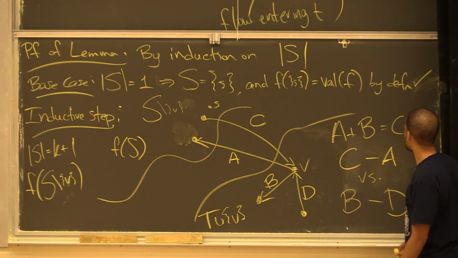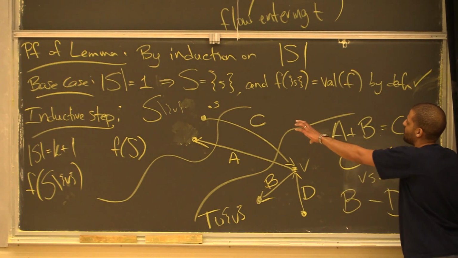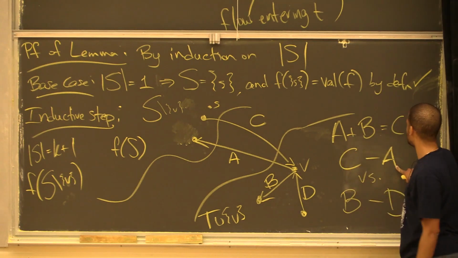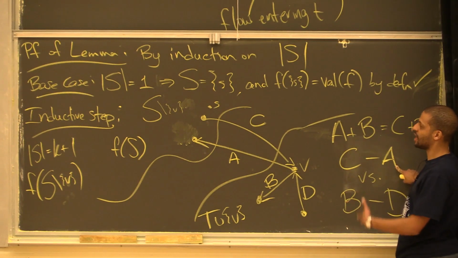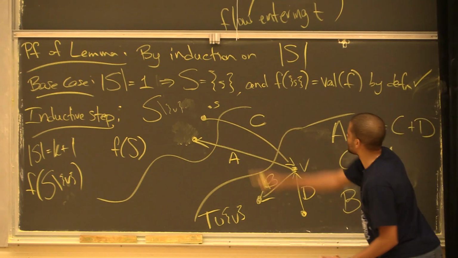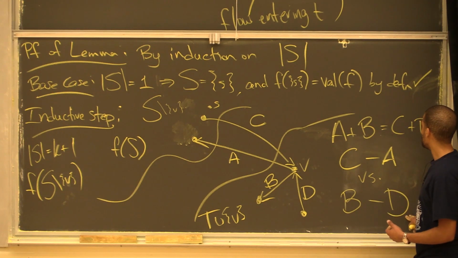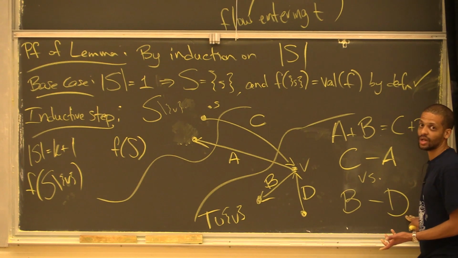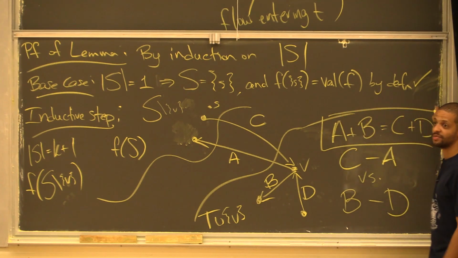Right? So what we just said is, in the smaller cut, where V is not on the S side, the total contribution to net flow involving V is C minus A, versus if you put V on that side, the total contribution to the net flow is B minus D. But lo and behold, these are equal because of conservation of flow.